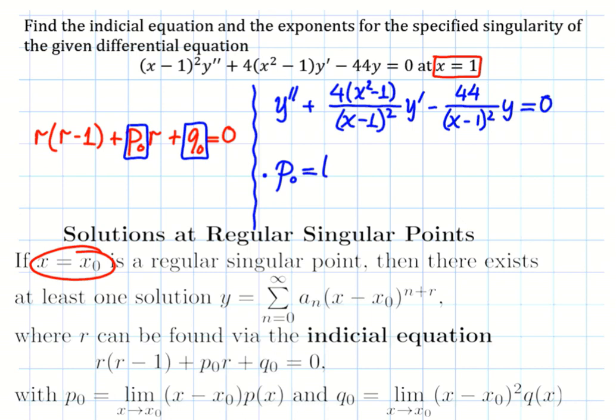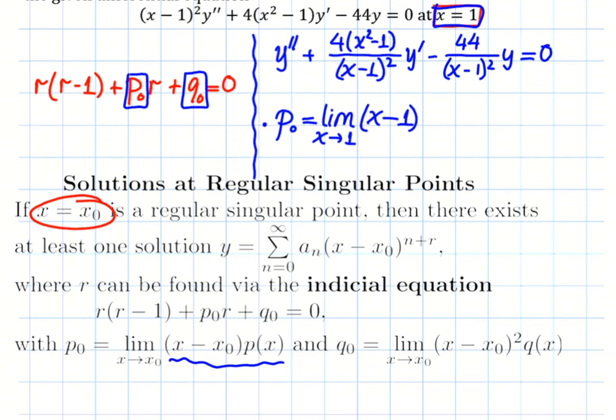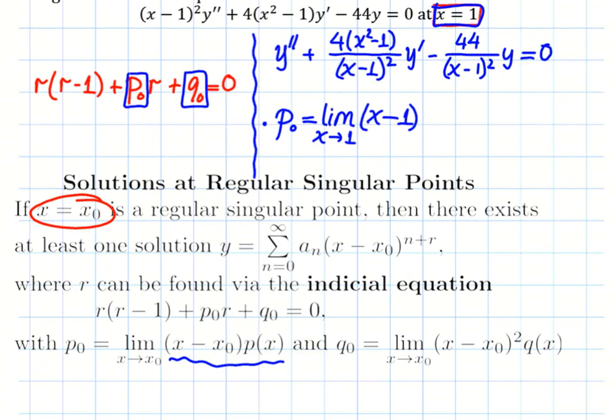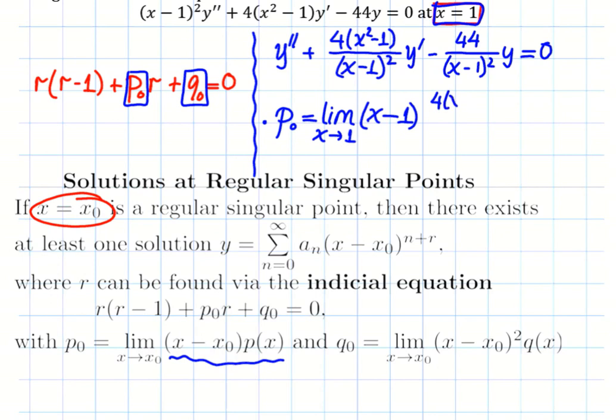P naught is the limit as x goes to the value, which is x equal to 1 here, of x minus that value times p of x, which is 4 x squared minus 1 over x minus 1 squared.